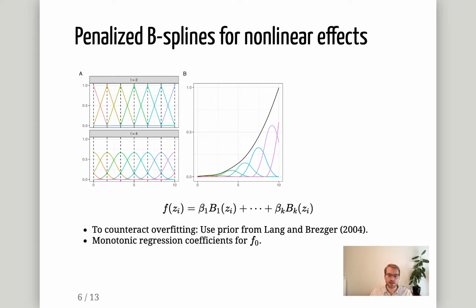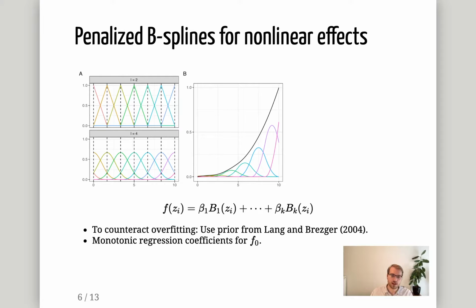And the main feature of B-splines is that they are very flexible, so we have to use some sort of penalization to counteract overfitting. And for this, there exists a random walk prior by Lang and Brezger, which I apply here.